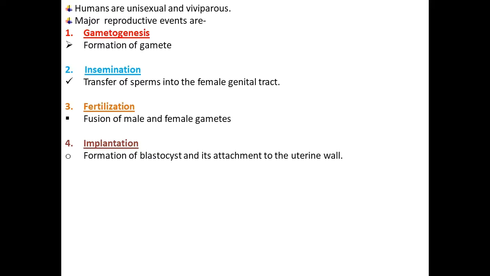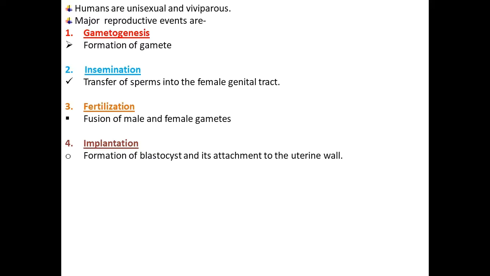It is called implantation. Repeating, fertilization के बाद next event है implantation. मतलब that is the fixation or attachment of the embryo, the blastocyst, into the uterine wall. Uterus की wall में embryo का fixation is called implantation.